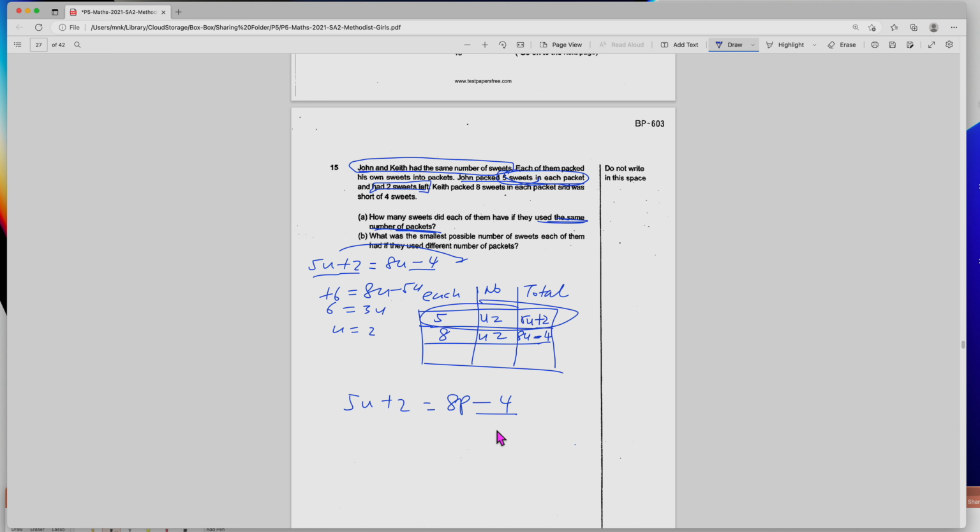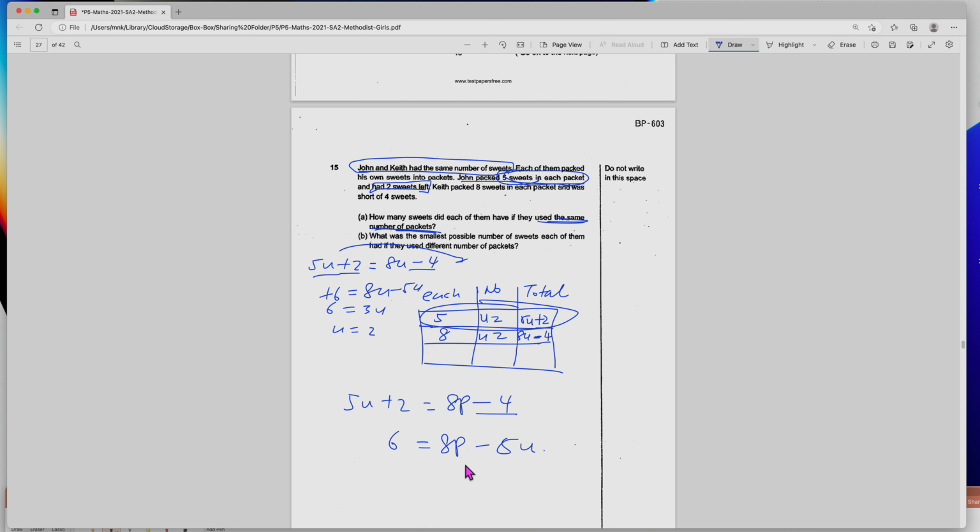Continue, the minus 4, bring it over, so it's 6 equals 8P minus 5U. So how do you get 8P minus 5U equals 6?